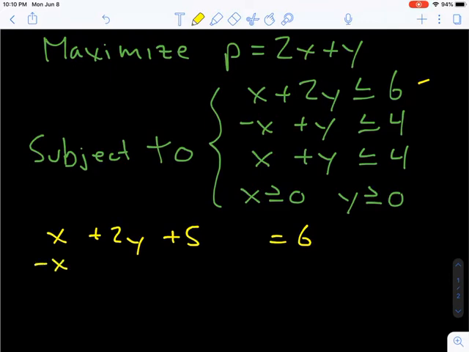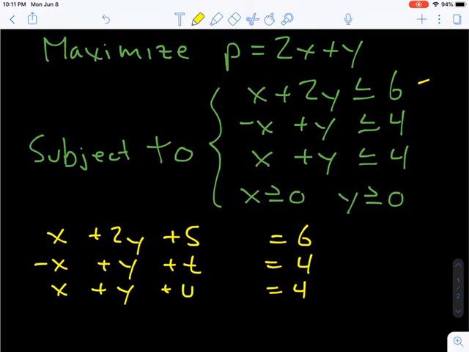And so we call that the slack variable because we don't know exactly what that quantity is. Likewise, we have negative x plus y equals 4. And let's let that slack variable be t. X plus y equals 4. And I guess we should go in alphabetical order. That will be u.